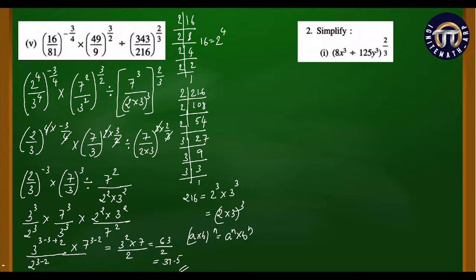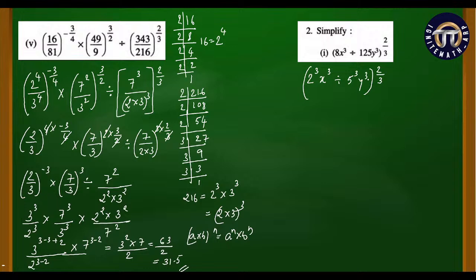Understood? Okay. So now whatever we are going to do is the next question. Pay attention, children. Over here I have 8 into x cube. So what can I write? 8 I can write as 2 to the power of 3 into x cube, divided by 125, which can be written as 5 to the power of 3 into y cube, to the power of 2 by 3.